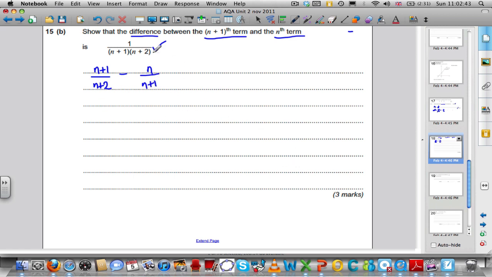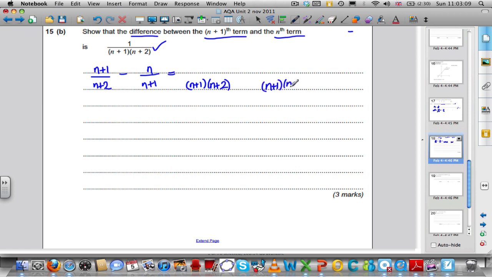Okay, we're trying to work this difference out. If adding or subtracting fractions is your aim, make the denominators the same. So, what does n plus 1, n plus 2 and n plus 1 go into? Well, for certain, a common multiple of them is n plus 1 times n plus 2.